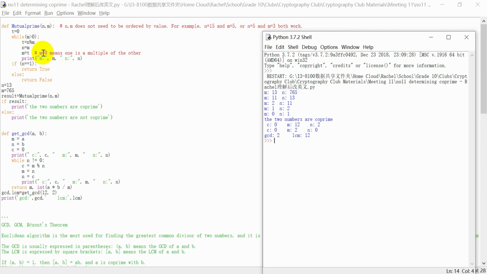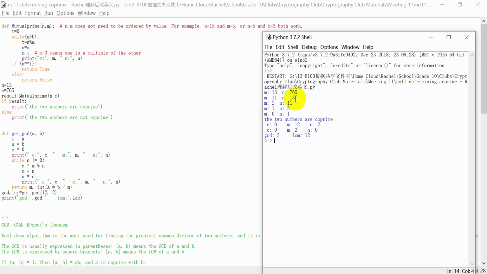So the first time, m equals 13 because n divided by m, which is 13 divided by 765, has a remainder of 13. And then it printed the value of n, which is the past value of m, which was 765. So n is 765 here.